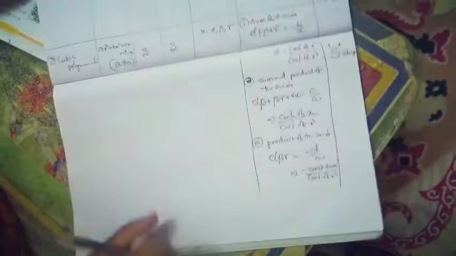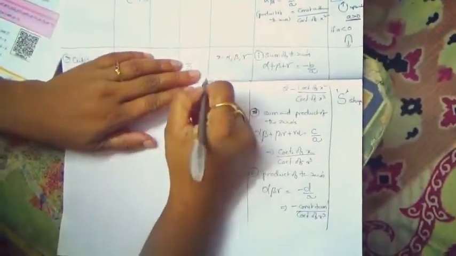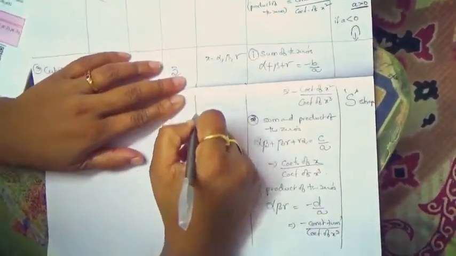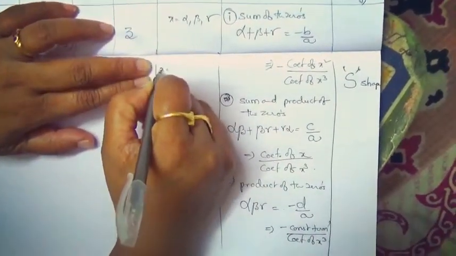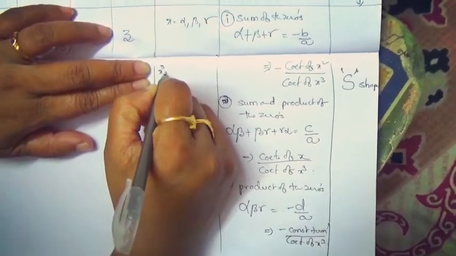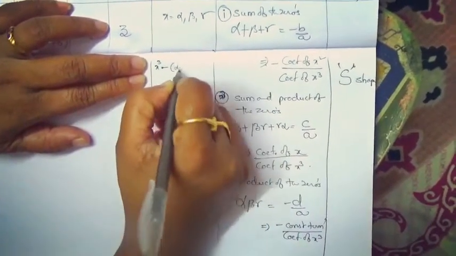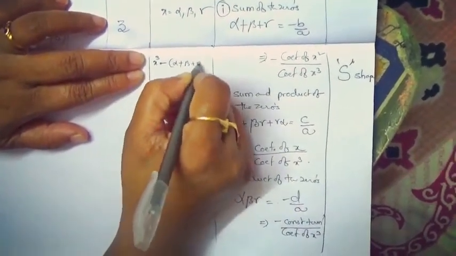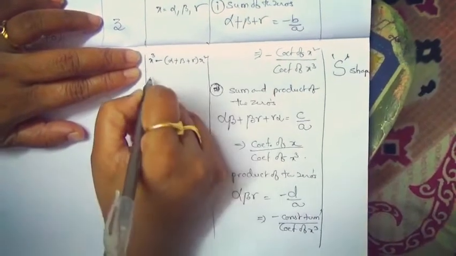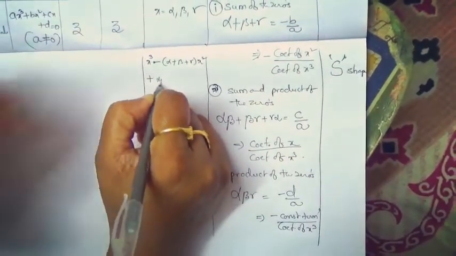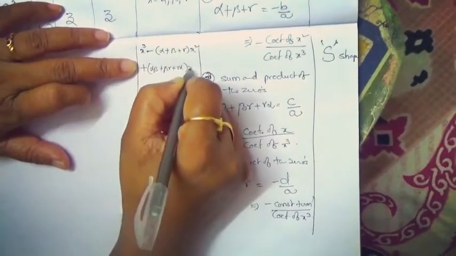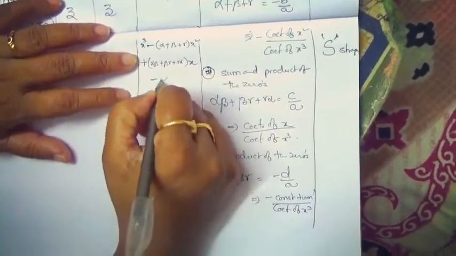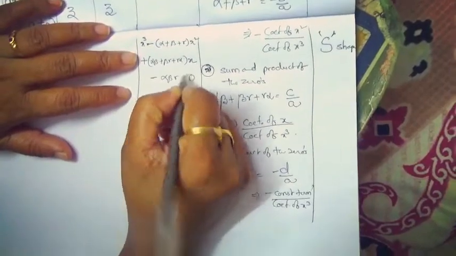One more thing, you just write here in the cubic polynomial: x cube minus (alpha plus beta plus gamma) into x square plus (alpha beta plus beta gamma plus gamma alpha) into x minus alpha beta gamma is equal to 0.